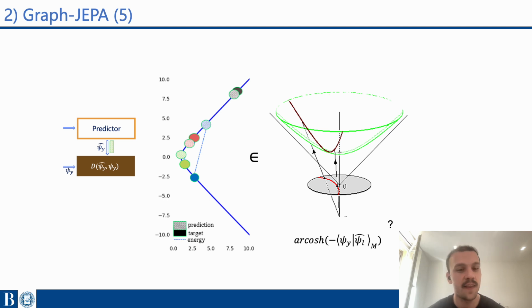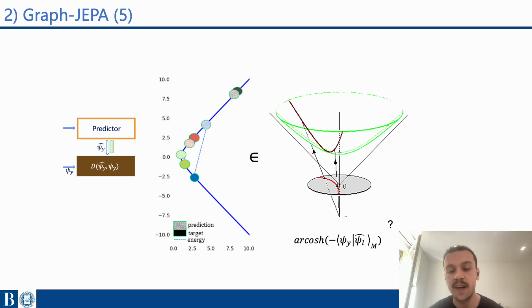And in this hyperboloid, of course, you want to stay within the manifold. So ideally, one would use the hyperbolic distance of the hyperboloid, which is relatively straightforward to compute for points in the unit hyperbola. It's just the inverse hyperbolic cosine of the negative Minkowskian metric applied to the representations.